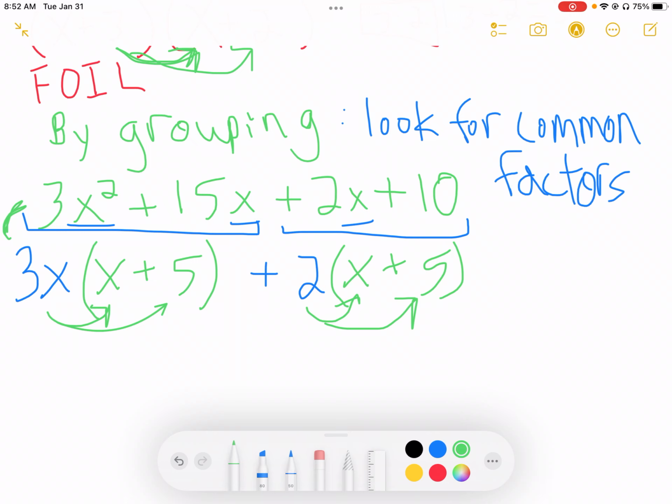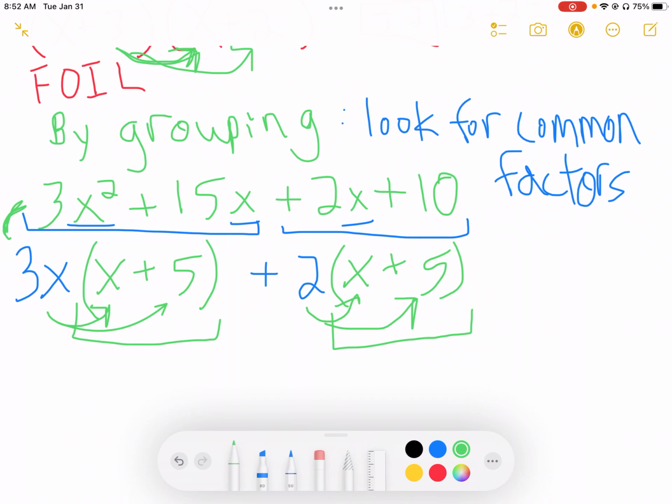Now, if I think about this x plus 5 term, I'm going to use my green again, but it's part of both of my terms here. So 3x has it in common, and 2 has it in common. So there's 3x in blue and there's 2.